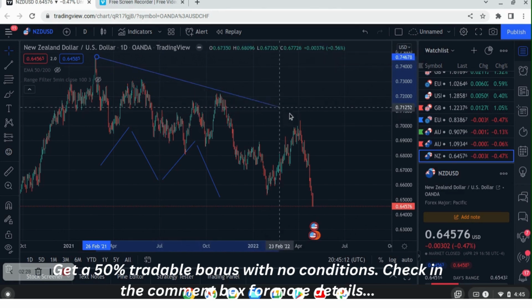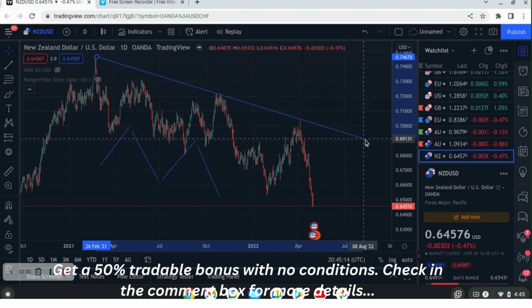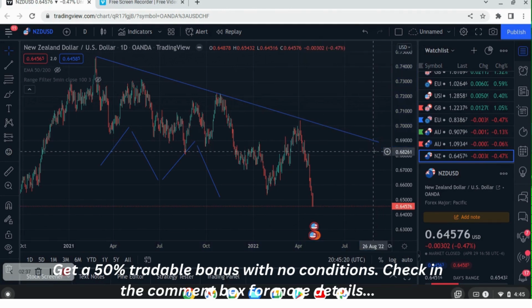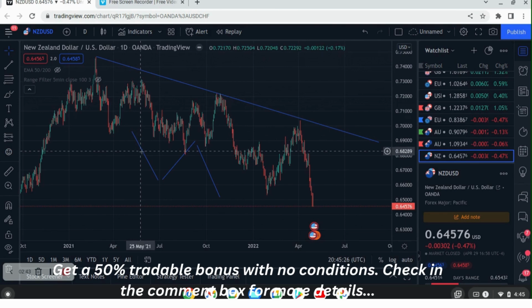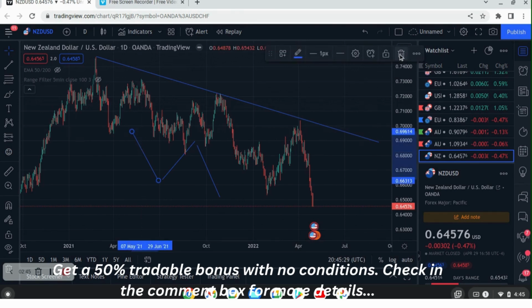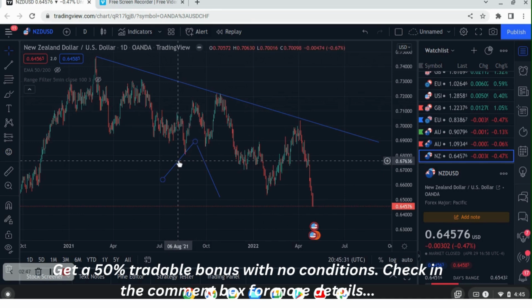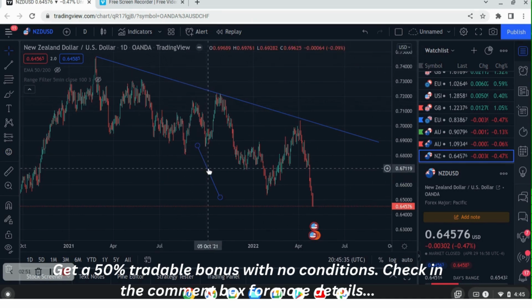And with a channel, it is always three touches, right? Three touches is what makes up a channel, okay? So it's a market, so it's not always going to be perfect, but you always want at least three, right?